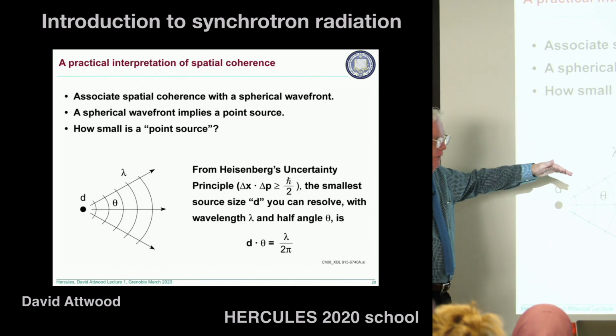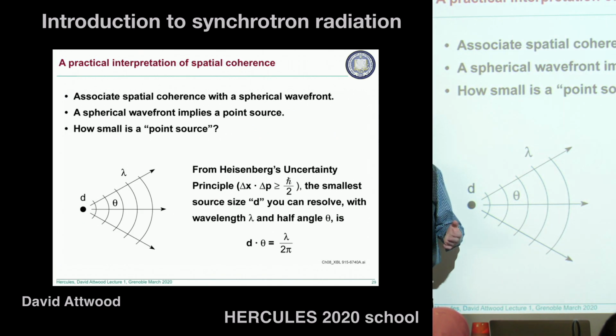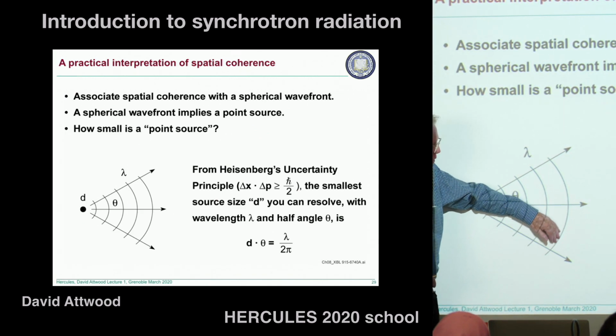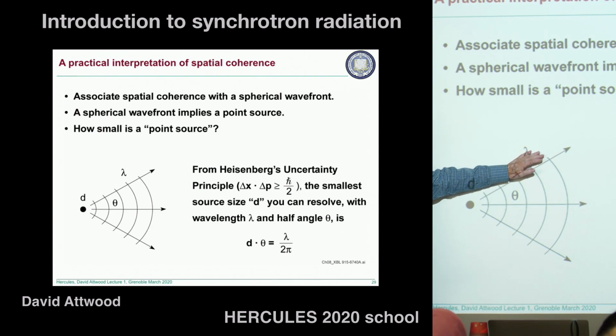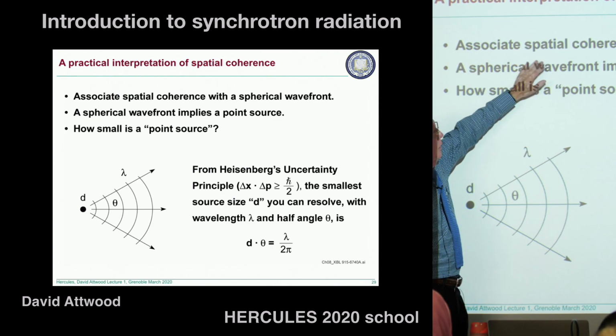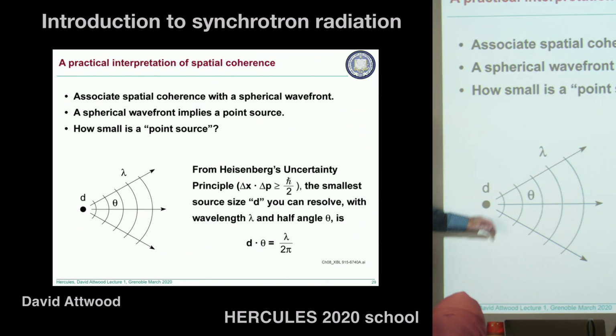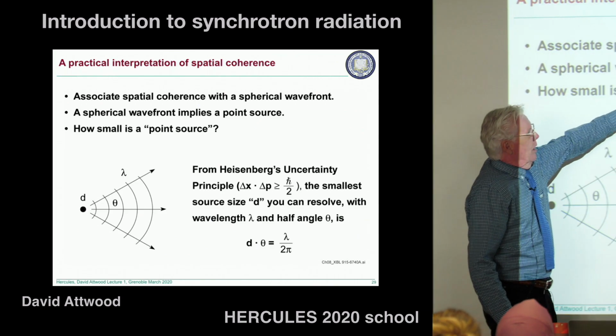In the lateral direction, how do we get in the limit? Let's just, for this class, worry about how we get the spherical wave, which is in the limit. That is, we want it to appear to come from a point source, because a point source radiates a sphere, okay? And so we're going to associate full spatial coherence with a spherical wavefront. That seems simple enough. And a spherical wave implies a point source.